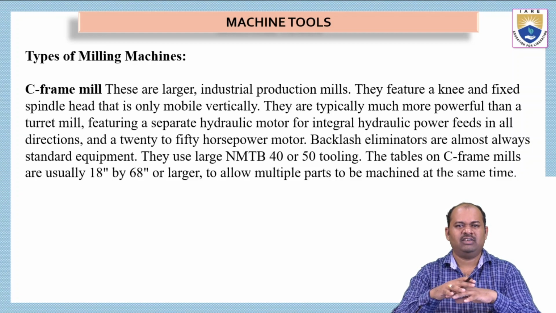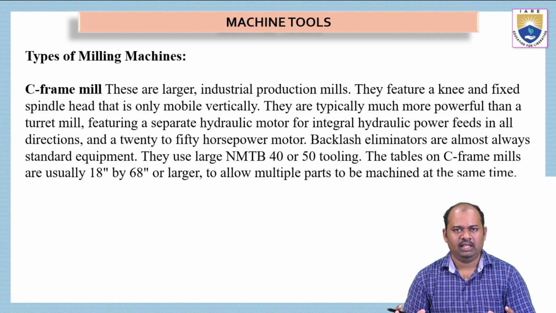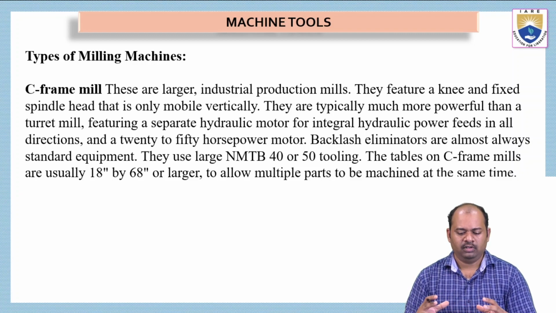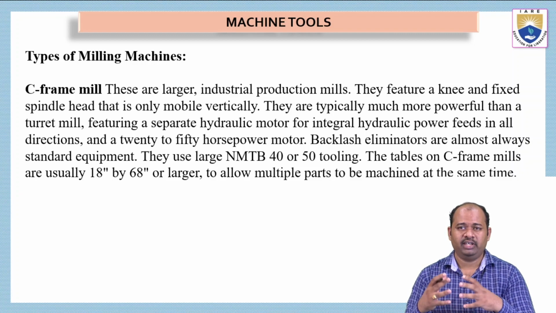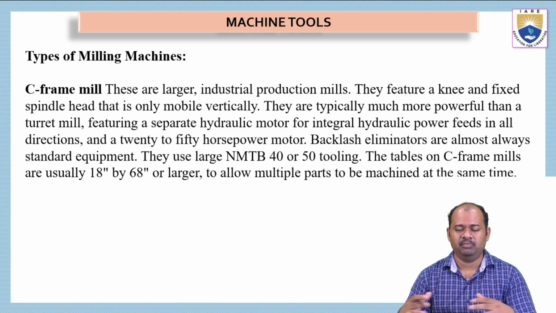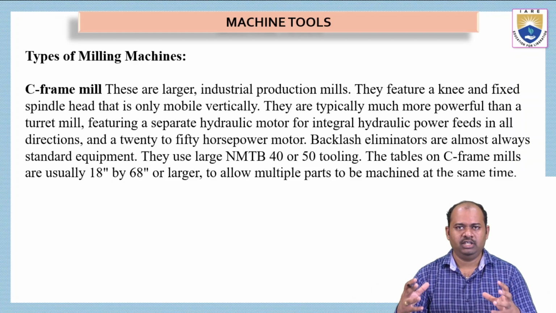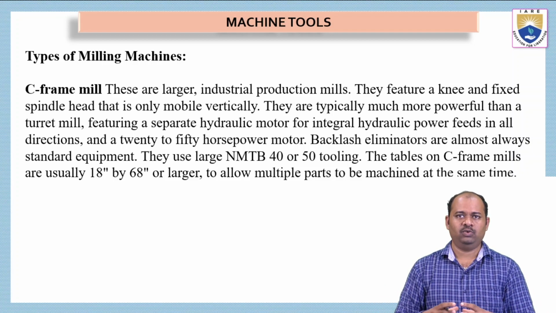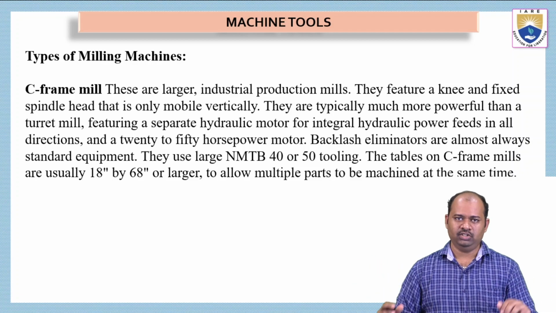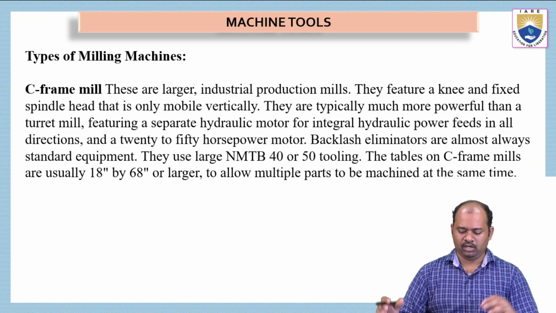So C-frame mills are very huge. They can machine parts about 18 inches by 68 inches. You can understand the size of this milling machine. We can machine a larger workpiece on this, up to 68 inches in size.